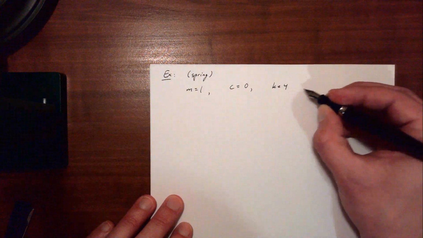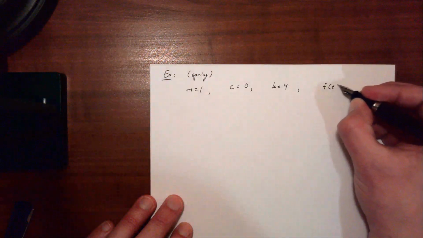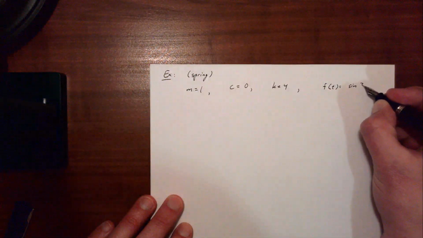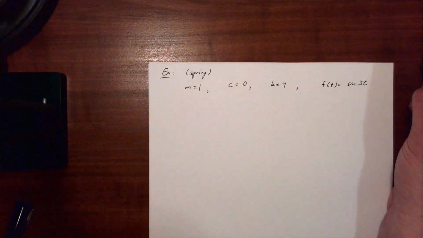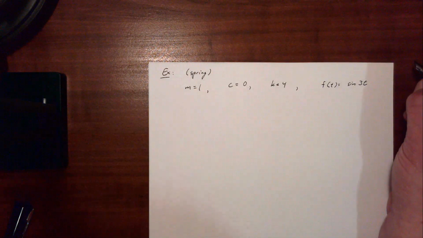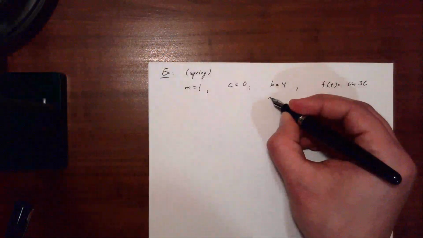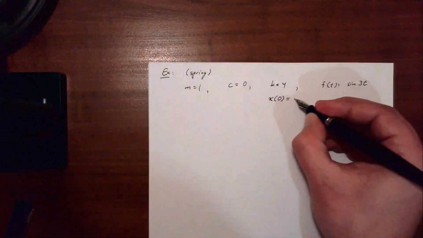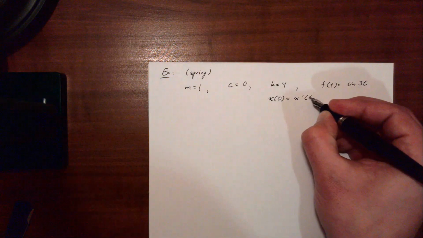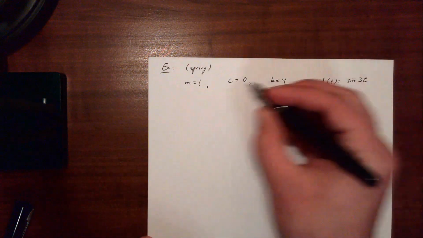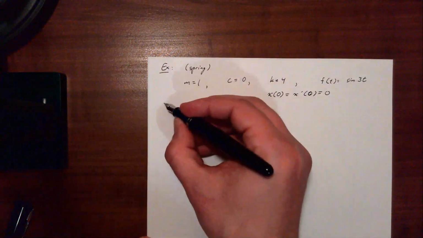And we'll say f of t is equal to sine 3t. All right, well, C in the spring represents the friction. So there is no friction here. So this is essentially undamped, but it is forced. And we'll just give it an initial condition of x of 0 equals x prime of 0 equals 0. So we'll just say it starts off at equilibrium and at rest.